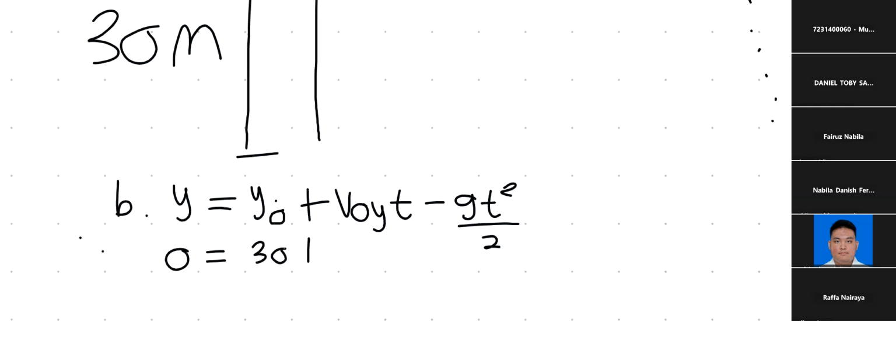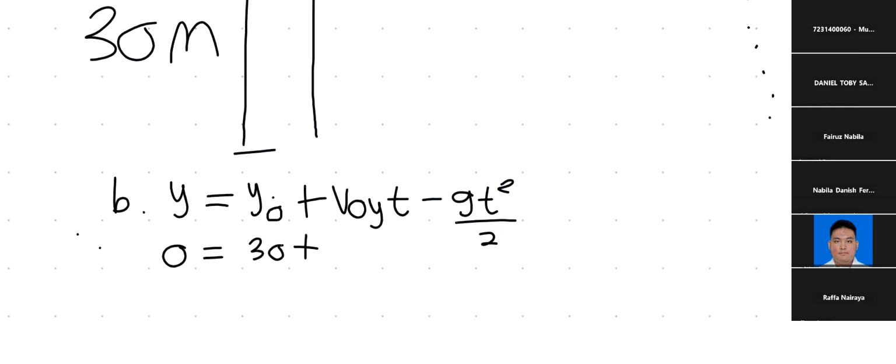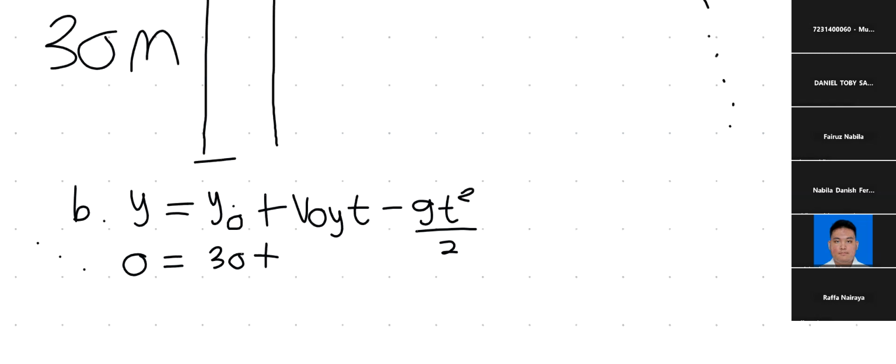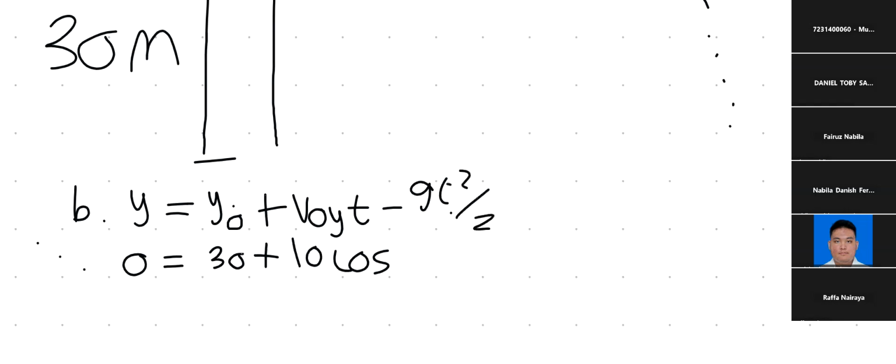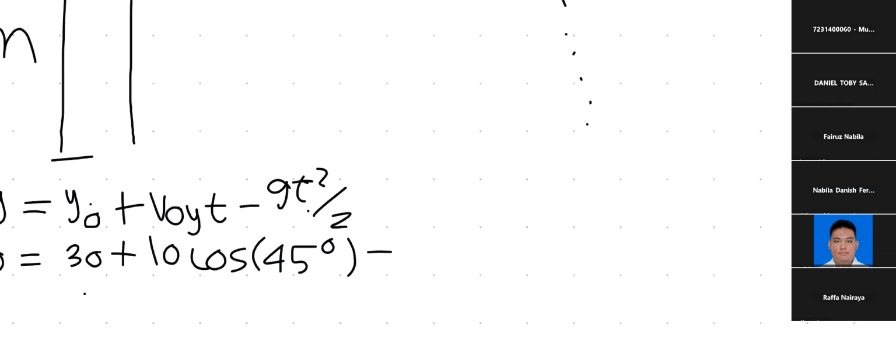Then you add the initial velocity towards the Y direction, 10, minus, take the G as 10, so this is immediately 5t squared.